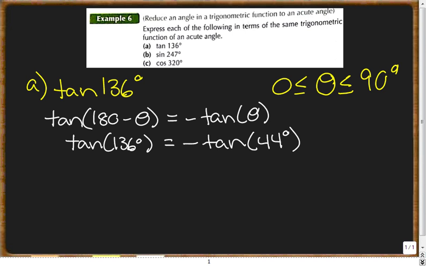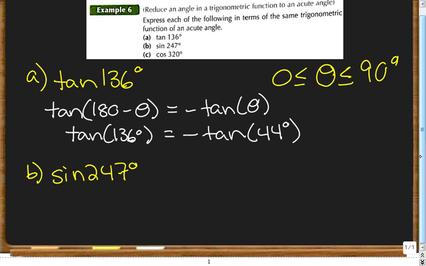B asks us for the sine of 247 degrees. The sine of 247 is in the third quadrant, so our third quadrant is over here. If we know this, then we know that 180 plus theta gives the opposite of regular theta.